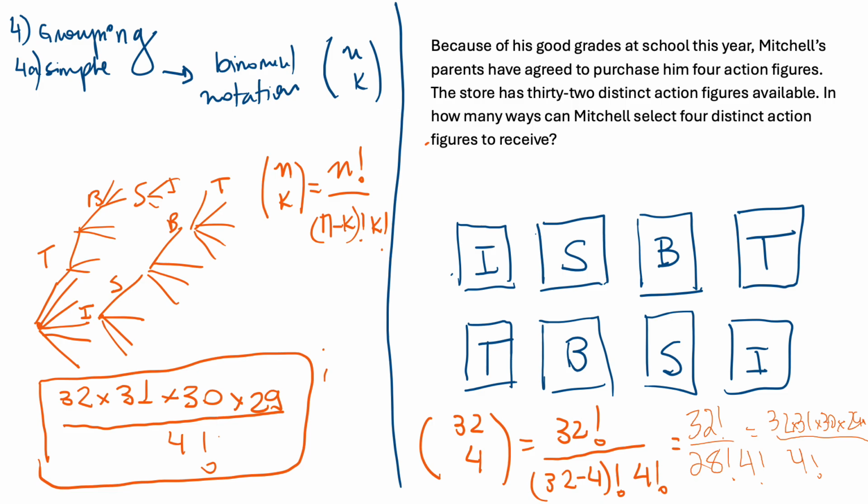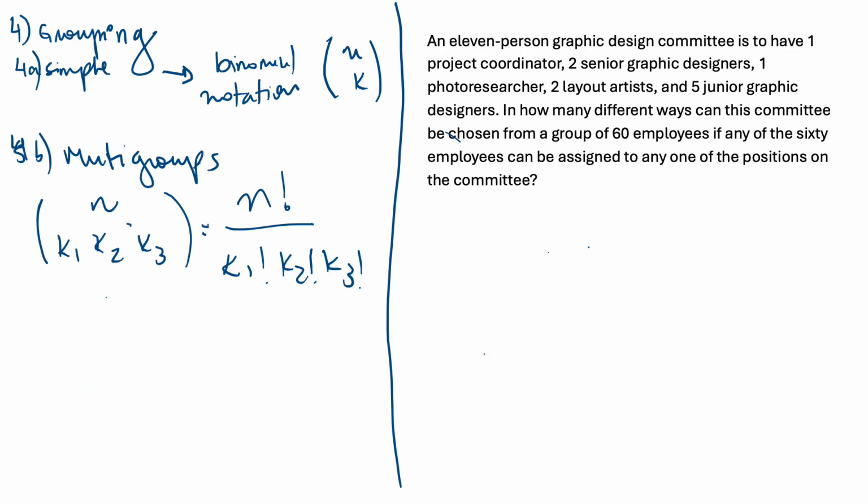There's another type of grouping that we call multi-grouping, which is when you have more than one group. Okay, so let's work this now. For the multi-grouping, we use a notation called the multinomial notation.